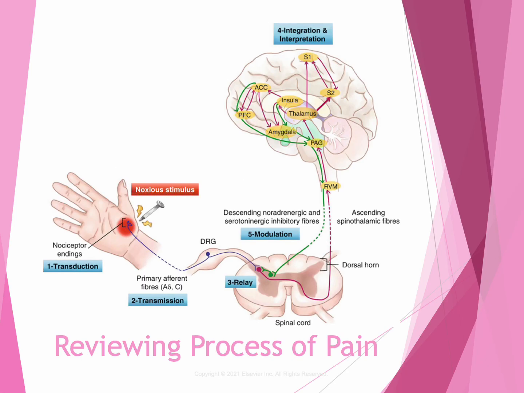So to fully understand the concept of anesthesia, which literally means the absence of sensation, we need to know how pain is processed. Remember, whenever nerve endings are stimulated, like you see in this image here, there's a poke to the hand, pain impulses are going to be transmitted from these peripheral nerve endings to the sensory and motor nerves.